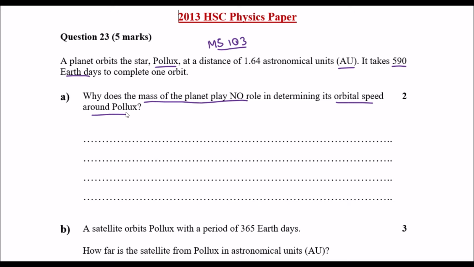Well, what we know from Kepler's law, and you can also show this from the derivations, but from Kepler's law, r cubed over t squared equals GM over 4 pi squared.